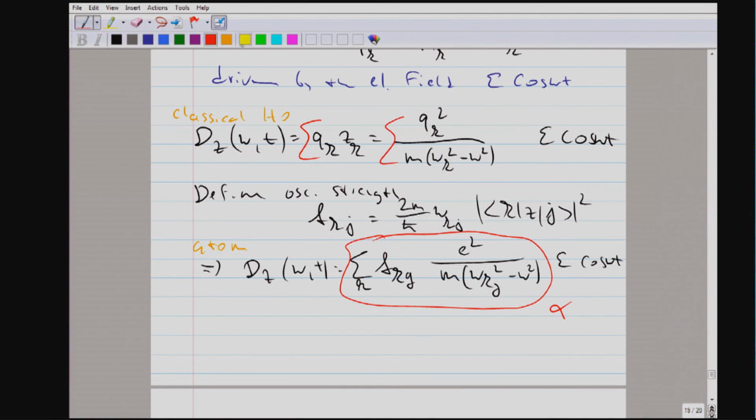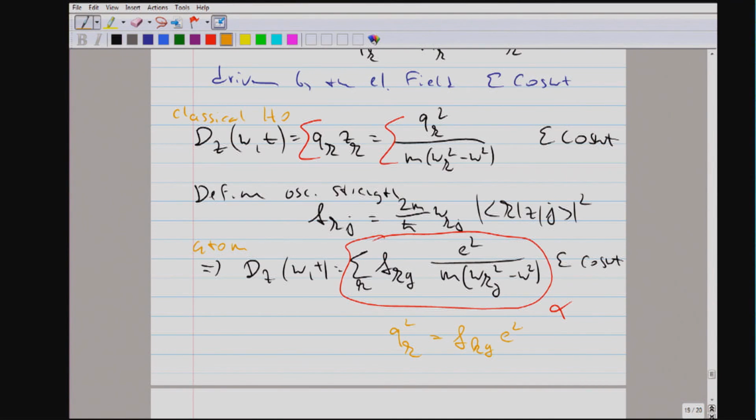If I would say I have an ensemble of oscillators with effective charge, then the response of the atom and the response of the ensemble of classical oscillators is absolutely identical.